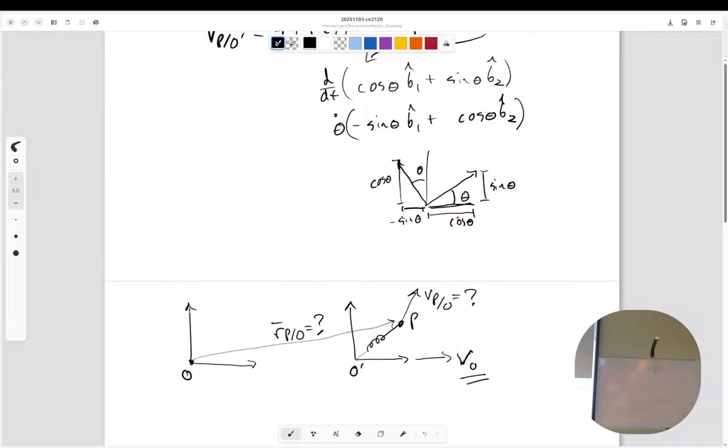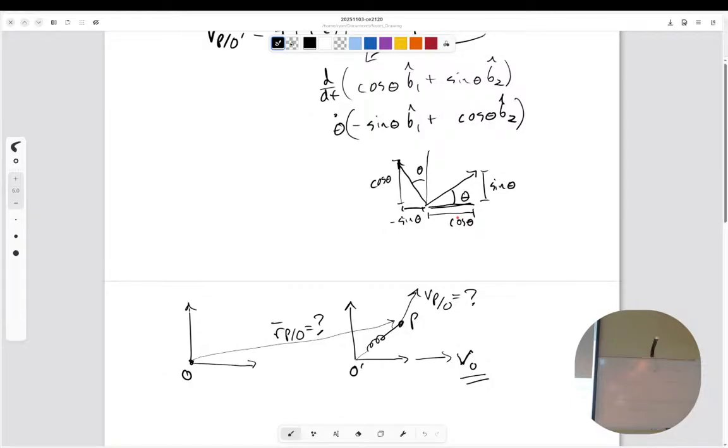Yeah, it's a spring attached to a point that's moving. So O is not moving, and O prime is where the spring is, right? It is kind of weird.